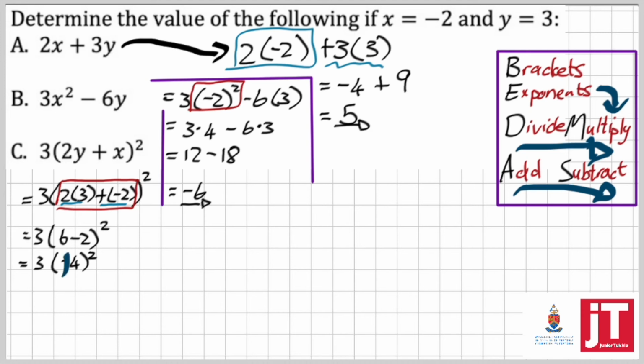Oh no, it is +4. So let me just fix that little mistake there. Fortunately, it's not going to make a difference, because now I've got to handle the exponent. 4 squared is 16. And 3 times 16 is 48.